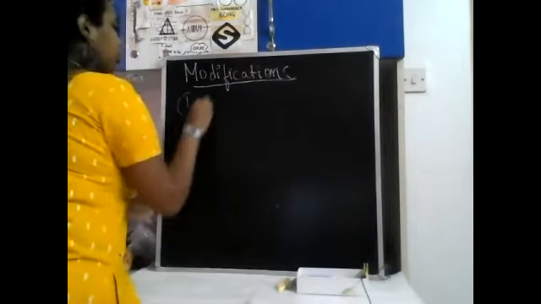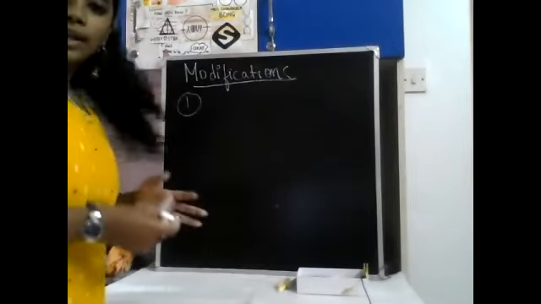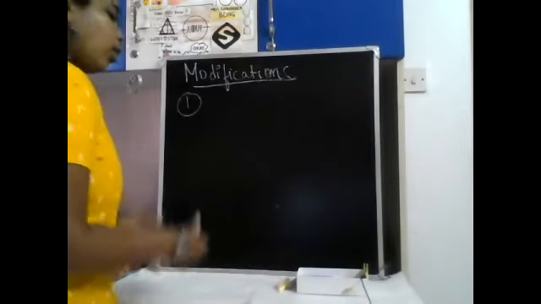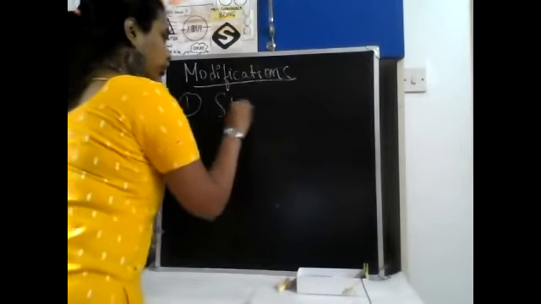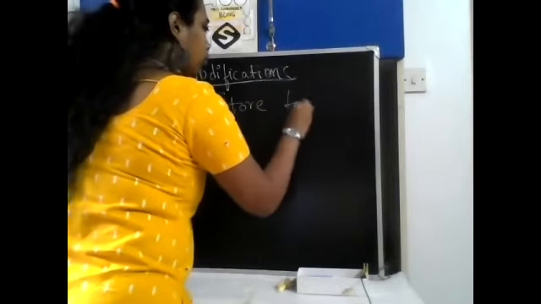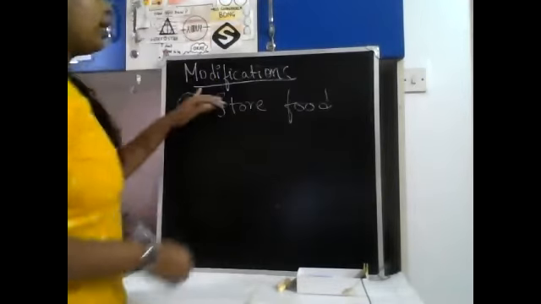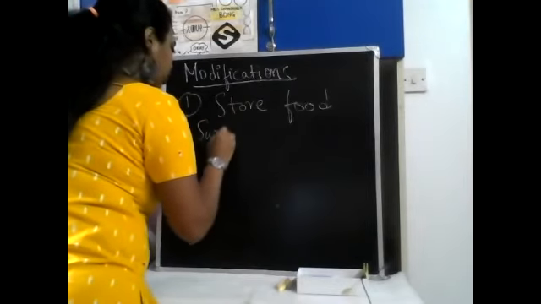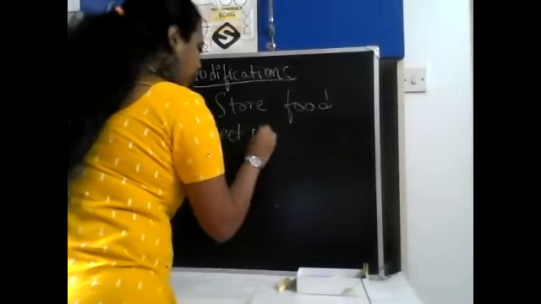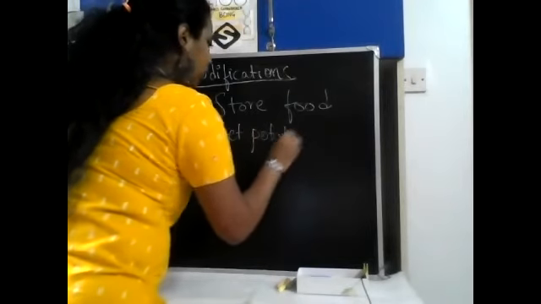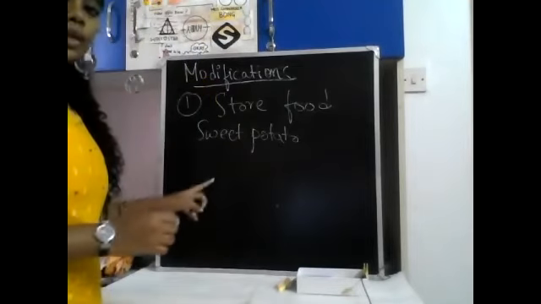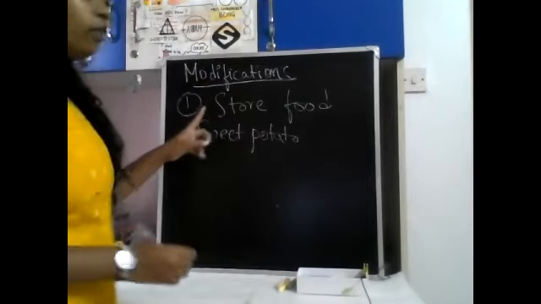First modification is certain plants have modified root system in order to store food. So food storage is the first kind of modification. Let's look at some examples like sweet potato, not potato. Be very careful when you give examples. Sweet potato. Remember, sweet potato is a modification of root.